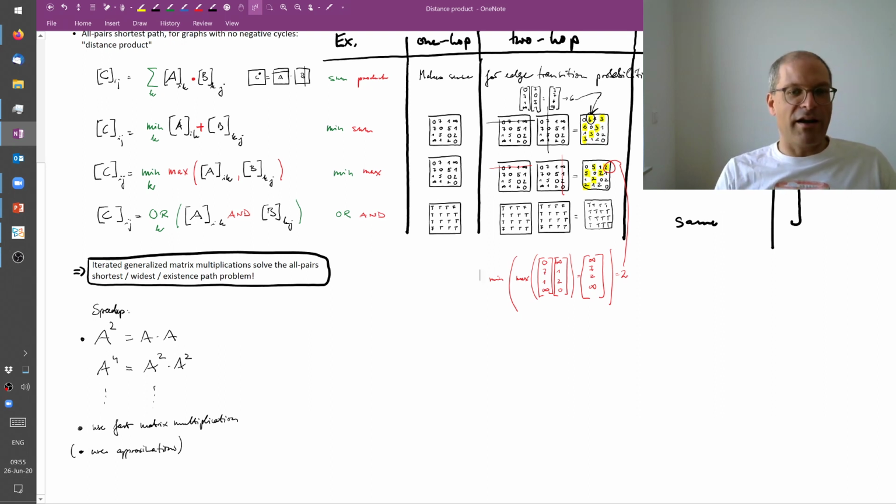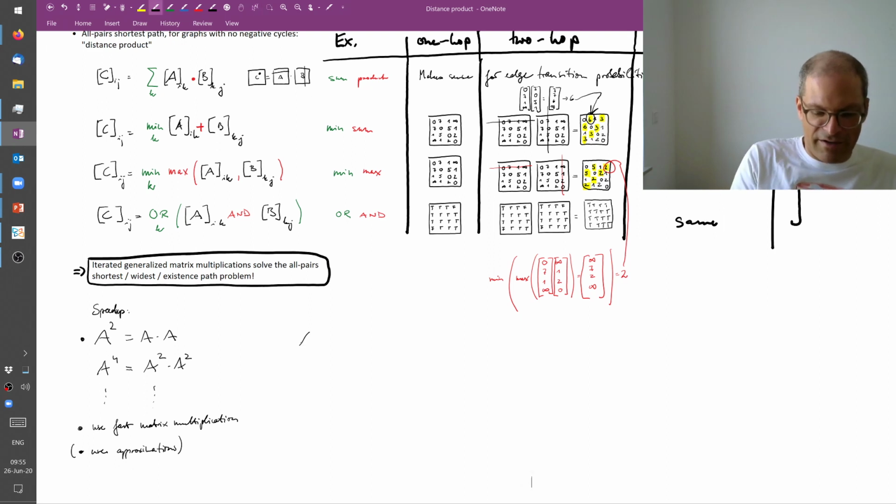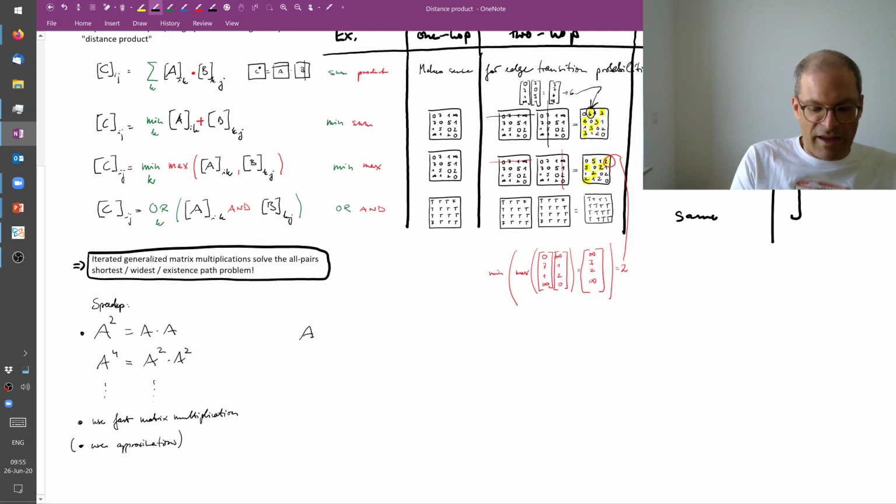And well, I could do that by saying, all right, I take A, I've called this cost matrix A now, and I multiply it again with A, and I multiply it again with A, and so on. And I will do this for a total of n-1 times.